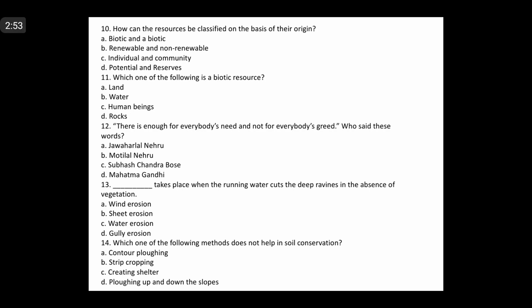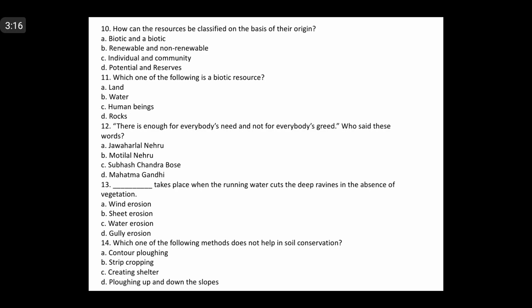When it cuts deeply, ravines develop, and ultimately that is called badlands. So gully erosion is the answer: it takes place when the running water cuts the deep ravines in the absence of vegetation.